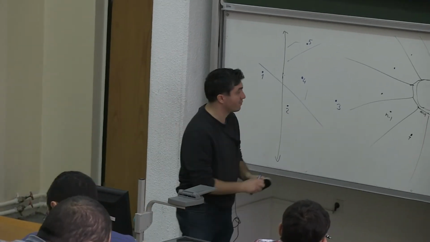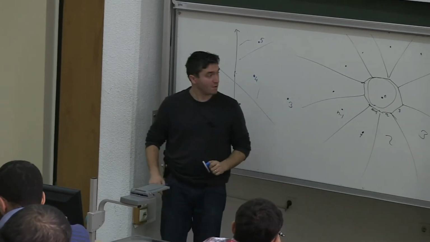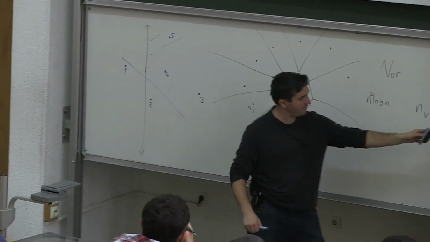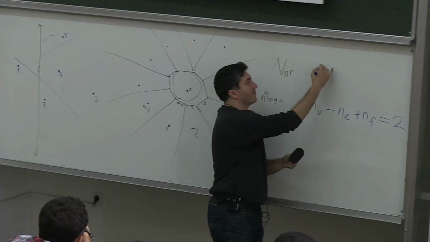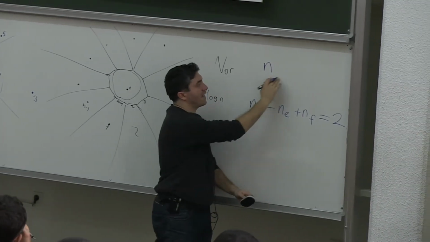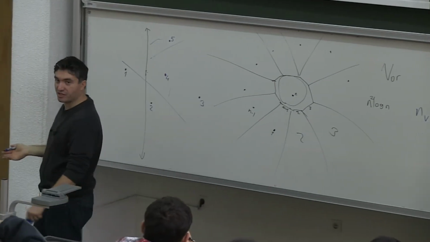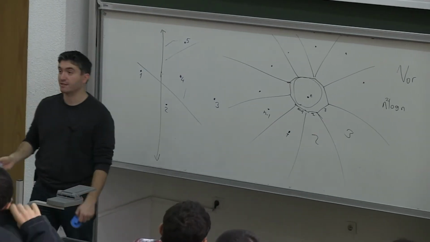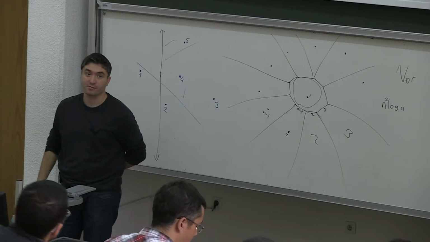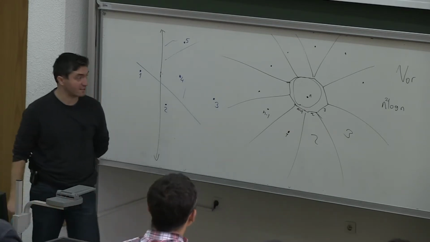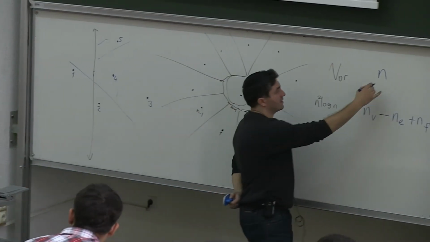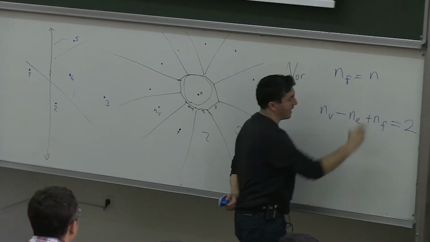So by using this formula, given n sides, how many edges and how many vertices can this Voronoi subdivision have? We are going to discuss this. We know that the number of faces is equal to n.